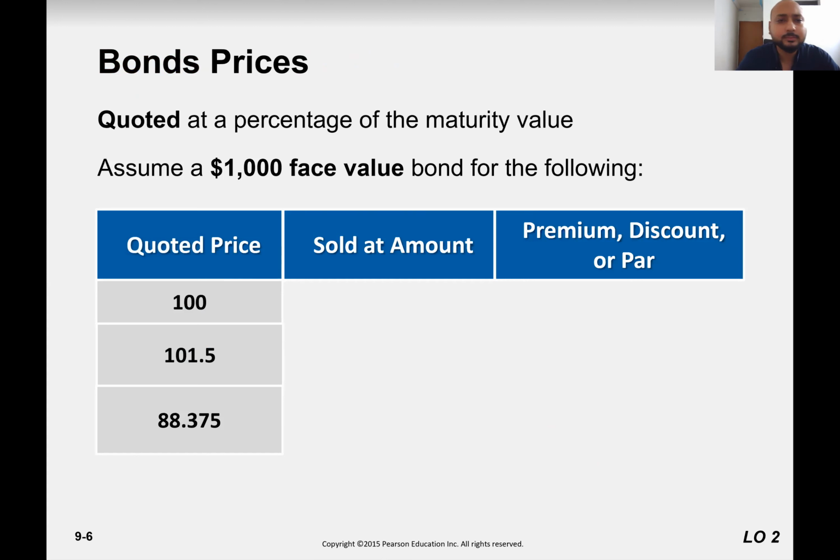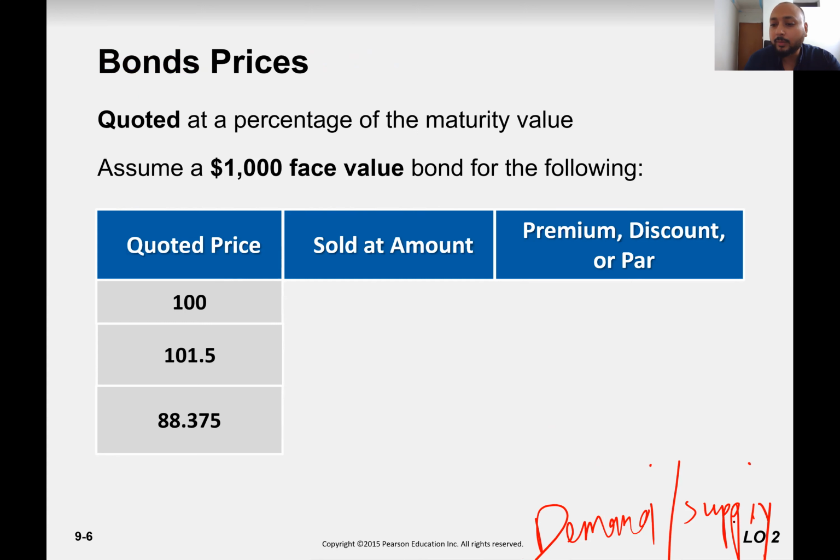Now, some features of the bond prices. Like when we purchase a commodity, sometimes its price is higher, sometimes its price is lower. So it depends on demand and supply.